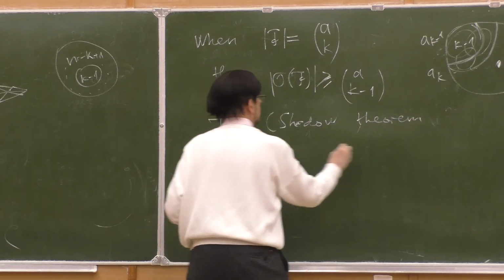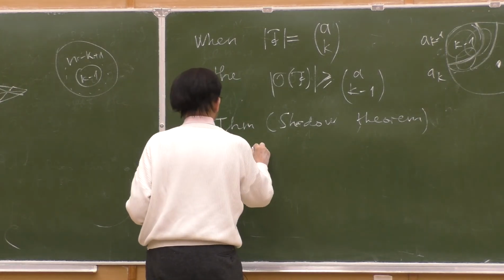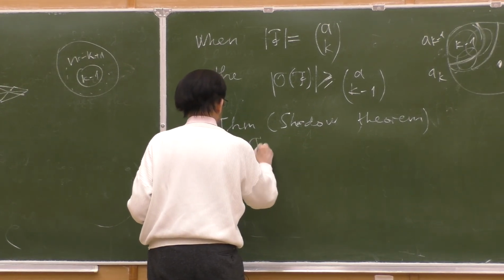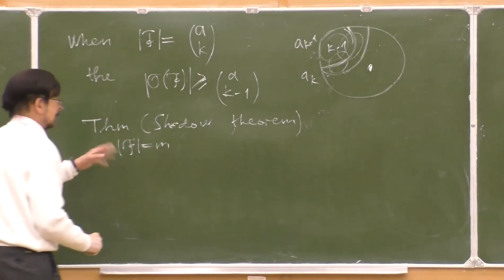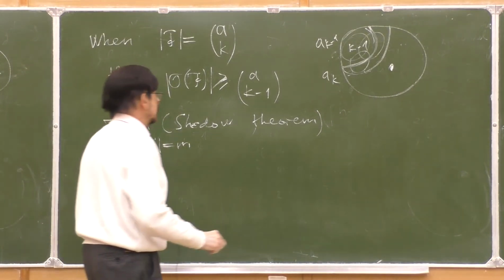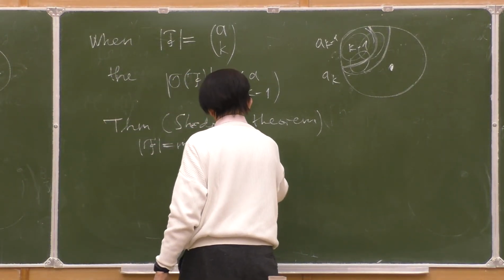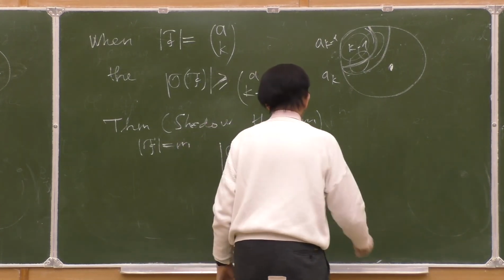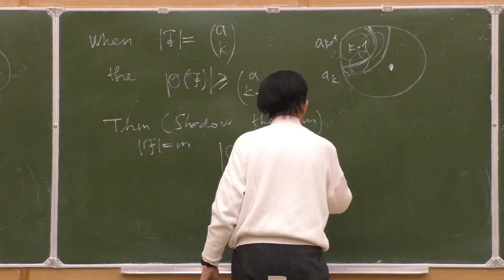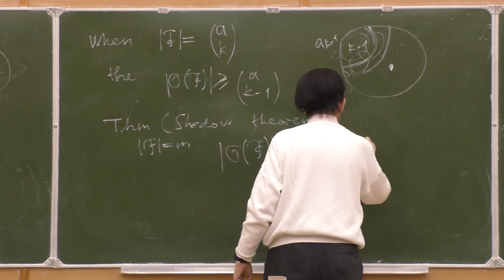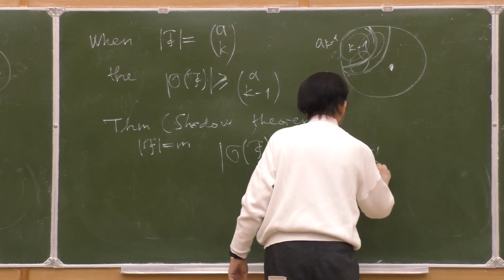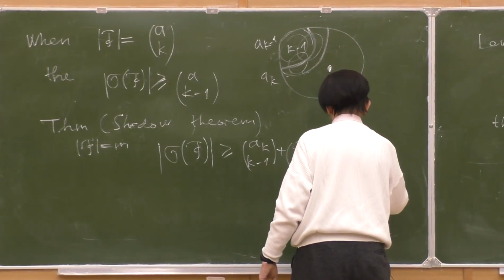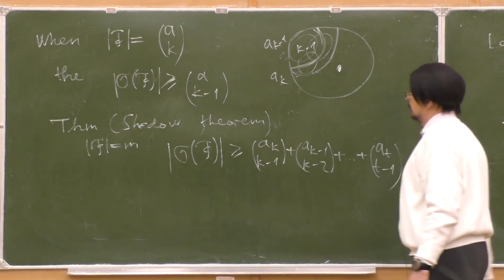If I denote it by M because I have this expansion, then the shadow of F is at least A_K choose K minus 1 plus A_{K-1} choose K minus 2 plus ... plus A_T choose T minus 1.